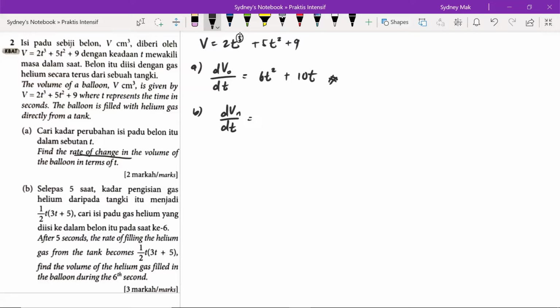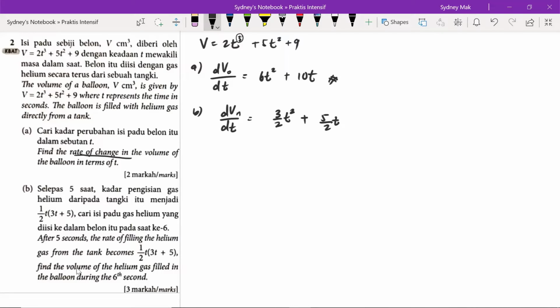In this case, we have 3 over 2 t squared plus 5 over 2 t. There are some similarities between the original rate of change in volume and the new rate of change in volume, that is both contain two terms with t squared and t.